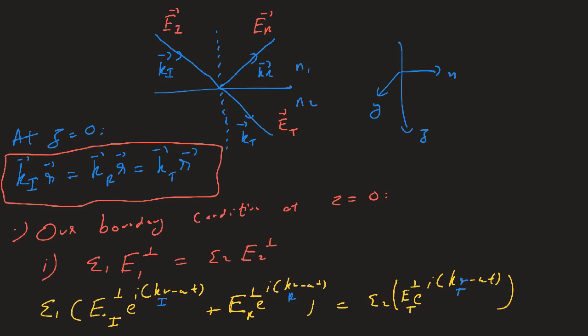So if you divide by all the exponential factors, because all the exponential factors are actually equal, you can simply divide by the exponential factors.